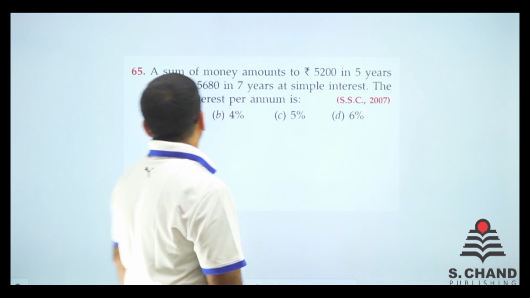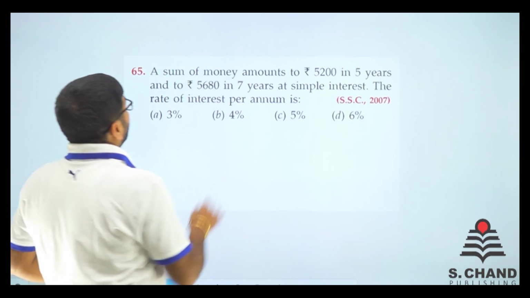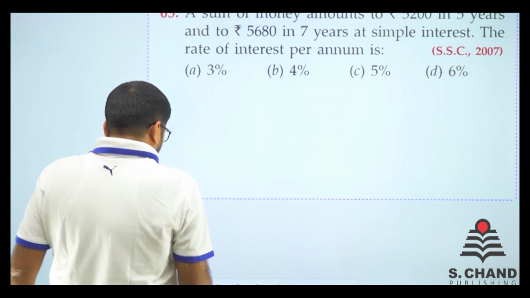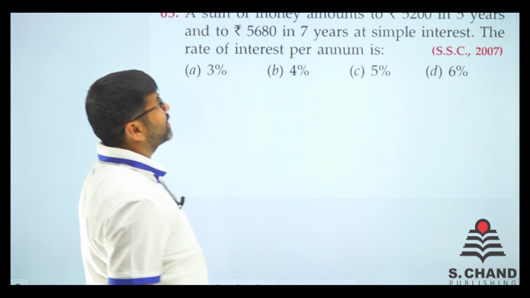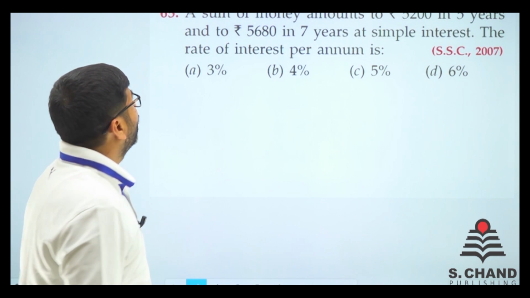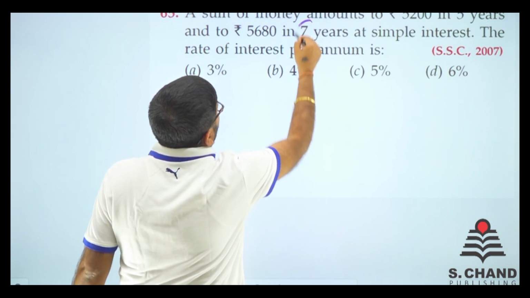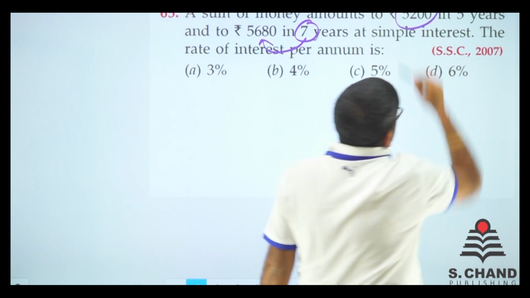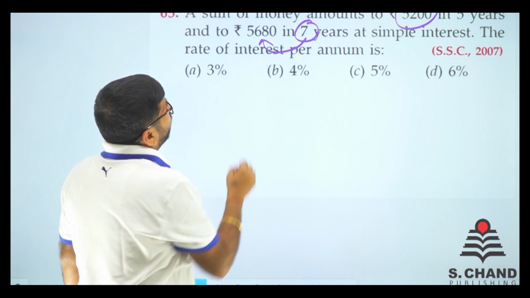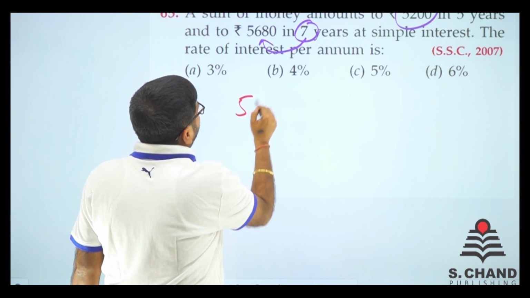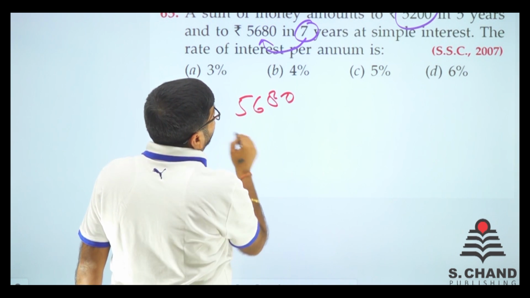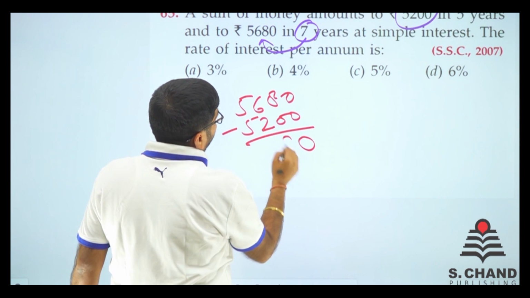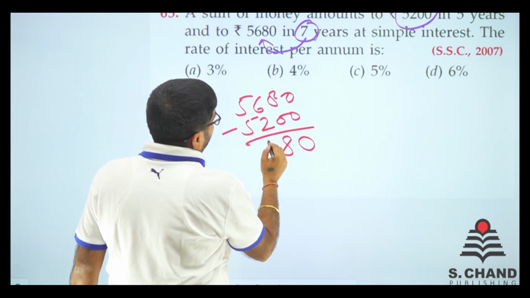We have the next question, question number 65 for us. A sum of money amounts to 5200 in 5 years and 5680 in 7 years at simple interest, right? So in 7 years, it is 5680. In 5 years, it is 5200. So if I subtract, 5680 minus 5200 is 480.